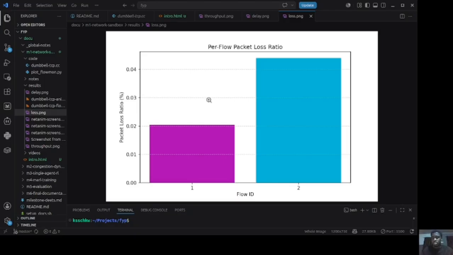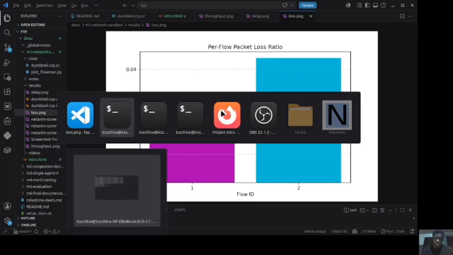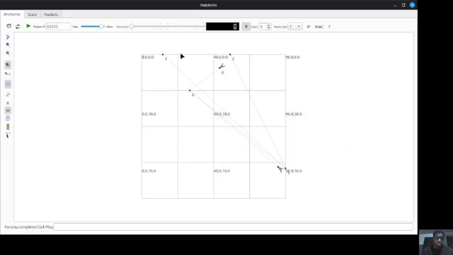So it has the advantage. Number two, congestion is clearly visible. I can see it in the graph, the extra delay, the loss events, and also in NetAnim, where I displayed the packet movement.